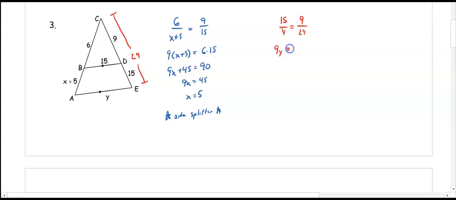So when we cross multiply, we get 9y equals 15 times 24. So when we multiply, 9y equals 360, and when we divide, we get y is 40. So we can't use side splitter when we're solving for y because of the numbers on the bases of those triangles.